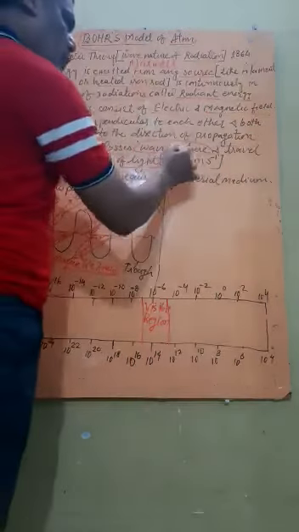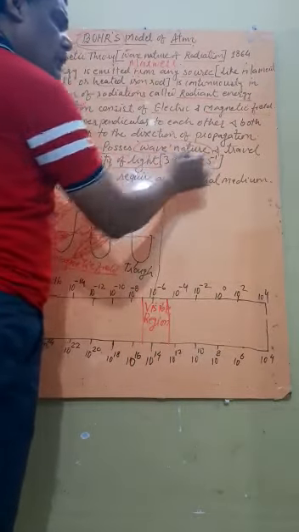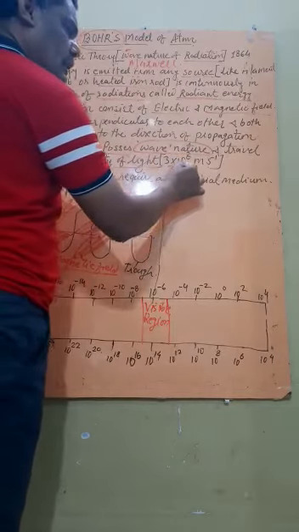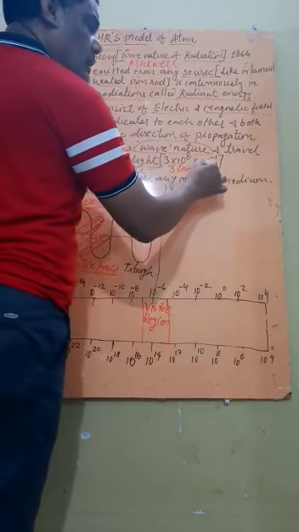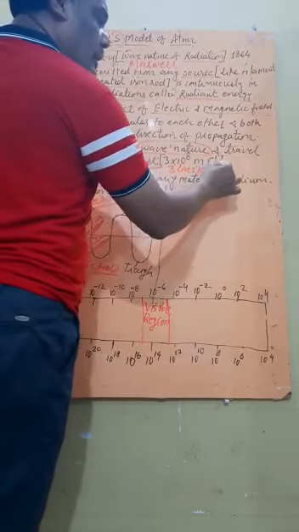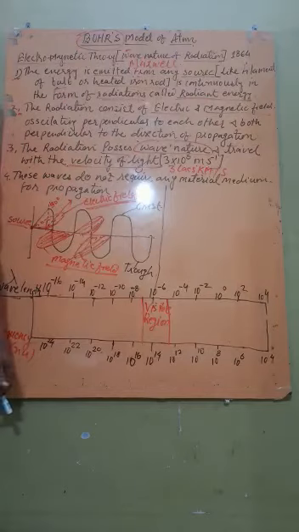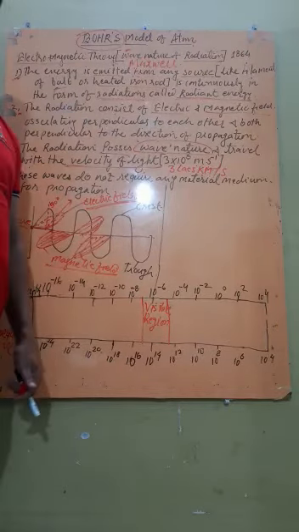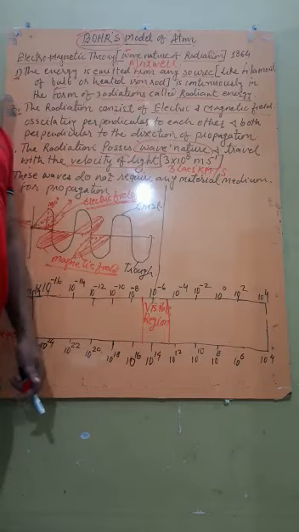Can you imagine, about 3 into 10 to the power 8 meter per second? That is, you can say 3 lakh kilometer per second. That is, in 1 second it can travel 3 lakh kilometer. Are you getting it? The sun is 15 crore kilometer far from us.